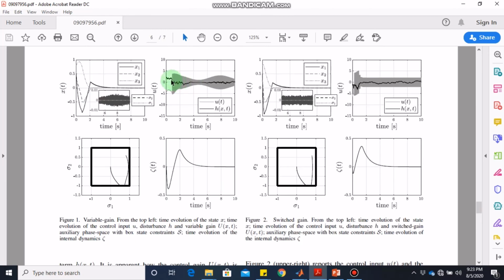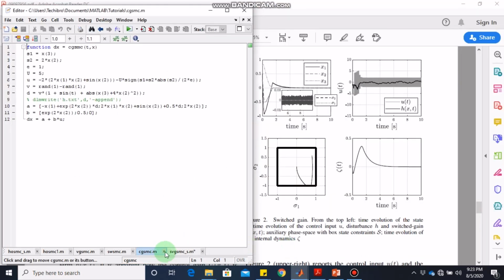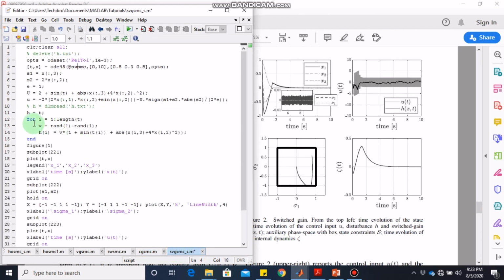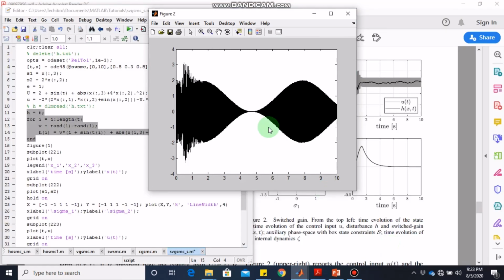I did not show you this h function, which is plotted here, but I have plotted it in a different manner in this script file. This is how the h function looks.